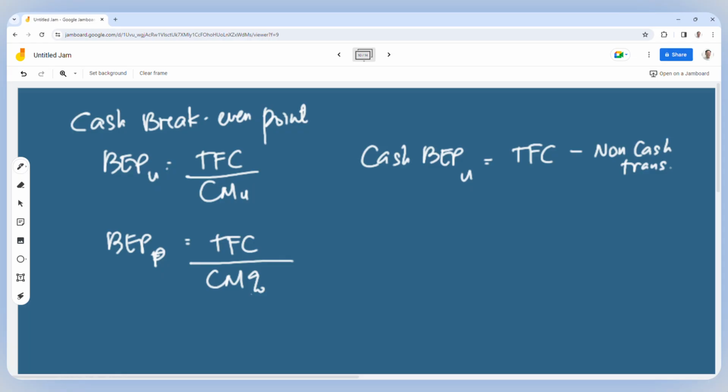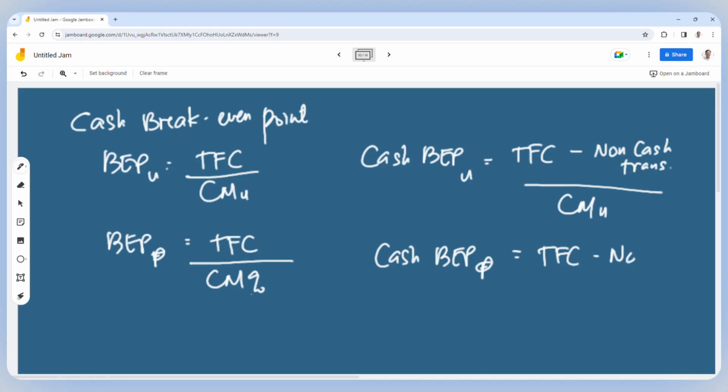Ibig sabihin, babawasan mo yung mga non-cash transactions na nasa TFC or total fixed cost divided by CM per unit. We have also here yung tinatawag nating cash break-even point in peso, total fixed cost, bawasan mo yung non-cash transaction, just divide it by your CM percentage.